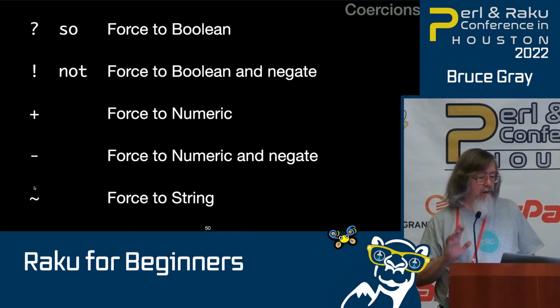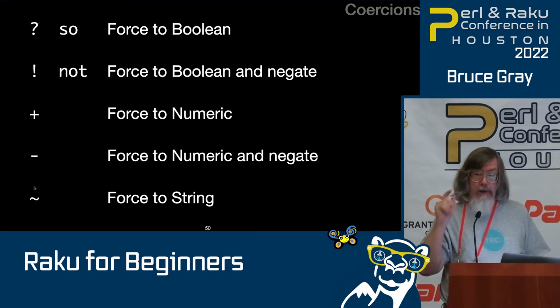And the question mark and bang are two of our coercion operators. Remember I mentioned a little while ago, plus as an infix operator with something on the left and right coerces to numeric. Well, sometimes you want to coerce to one of the basic types without an infix operator.